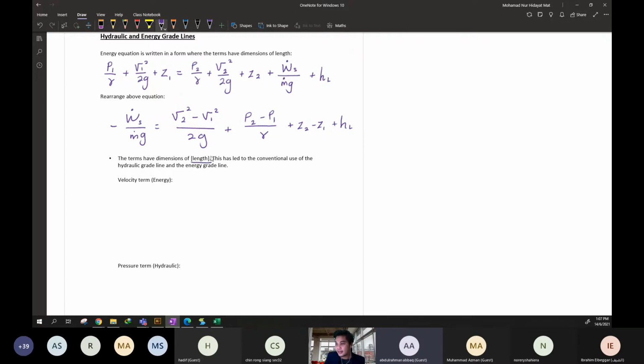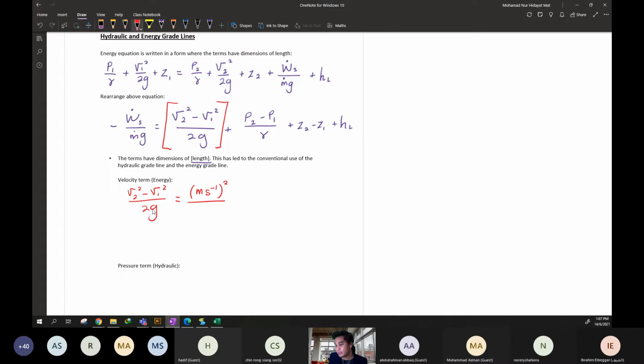From here, for example, velocity v: V2 squared minus V1 squared over 2g. What is the unit of velocity? Meter per second, meter second to the power of negative 1, and this is to the power of 2.